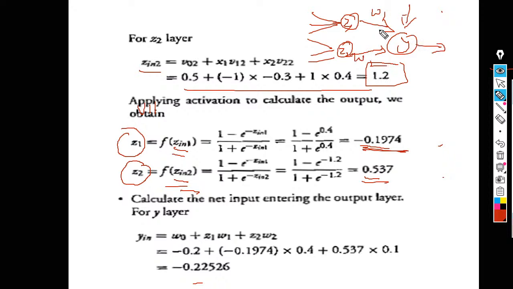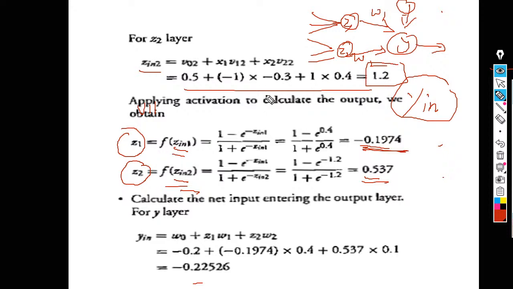So we got the z1 output and the z2 output. Now z1 multiplied by w1 plus z2 multiplied by w2 plus this particular bias will give you the total net input at y, and that will be represented as y in.